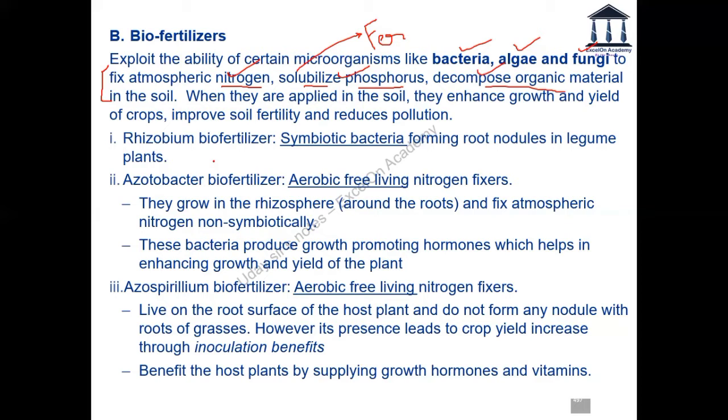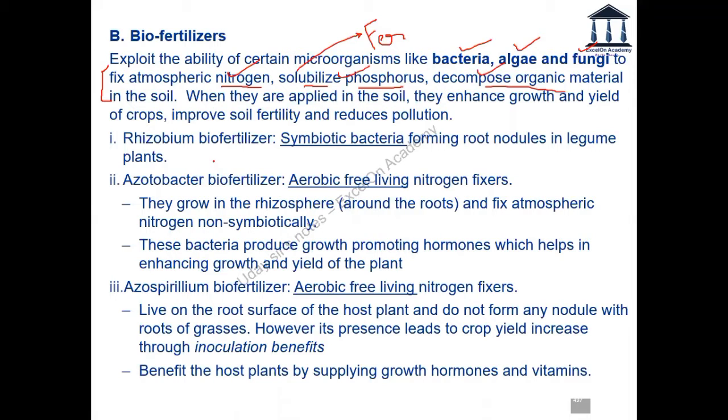So we all understand symbiotic relationship is a type of mutualism. Mutualism means win-win. The bacteria gets something and the plant gets something. So what does the bacteria get? The bacteria gets a place to stay. It's able to get nourishment. And what does the plant get? The plant is getting the nitrogen fixed in its root nodules and therefore helping in its growth.